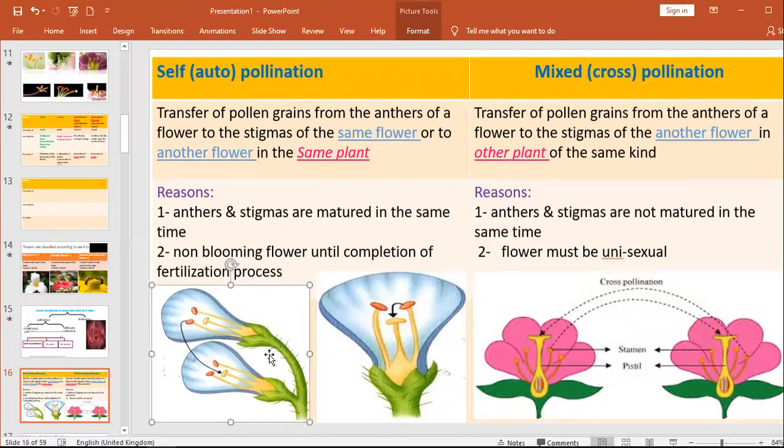And in another picture here, there are 2 flowers in the same stem, and pollen grain transfers from anther to stigma of another flower of the same type and the same stem.